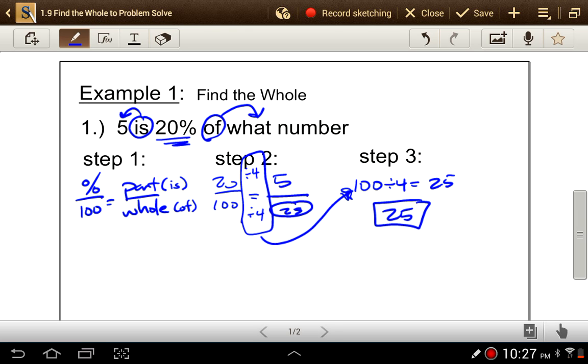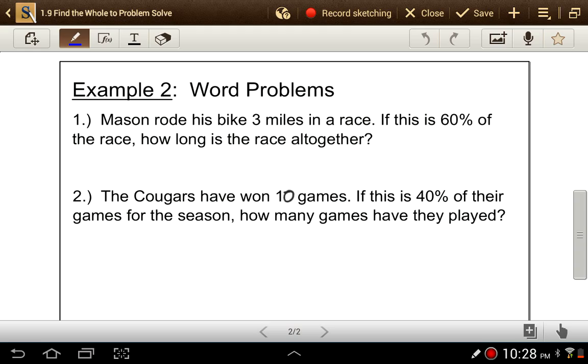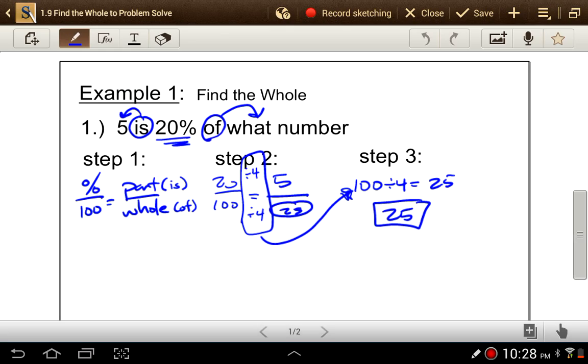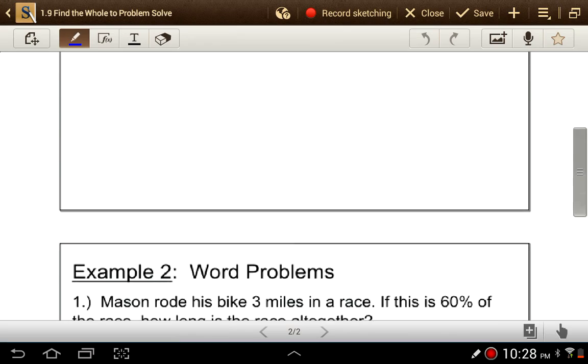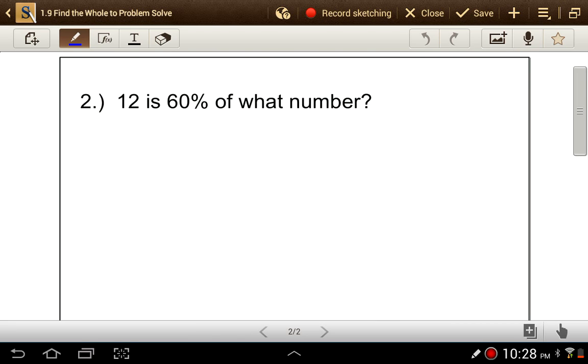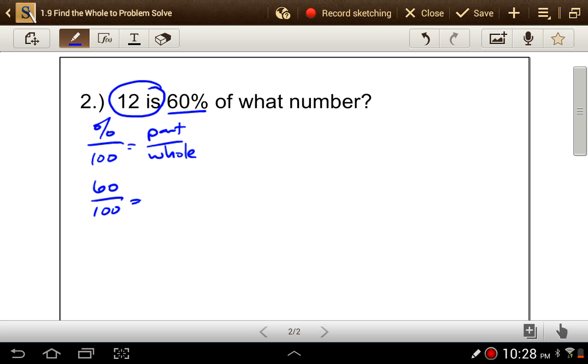Let's do another example. In this example, again, 12 is 60% of what number? So I'm going to do percent over 100 equals part over whole. Now I'm going to plug in what I know. 60 over 100 equals 12 is, so there's my 12 over of what?